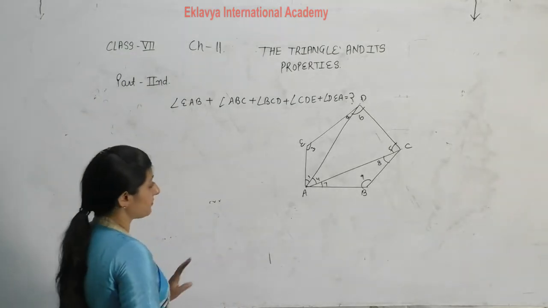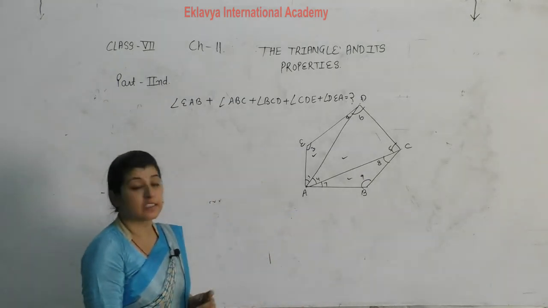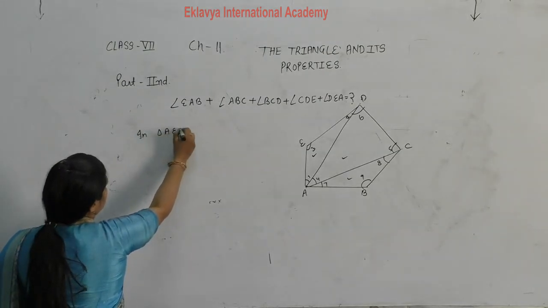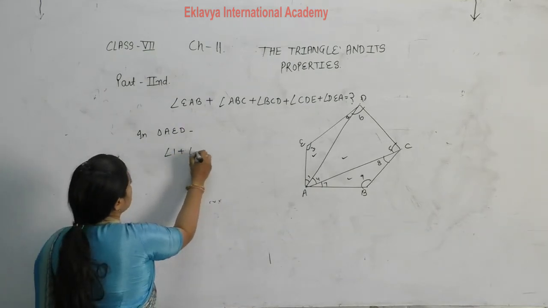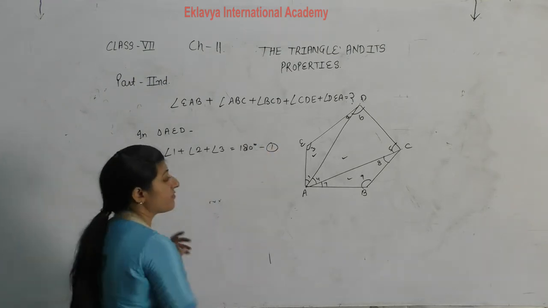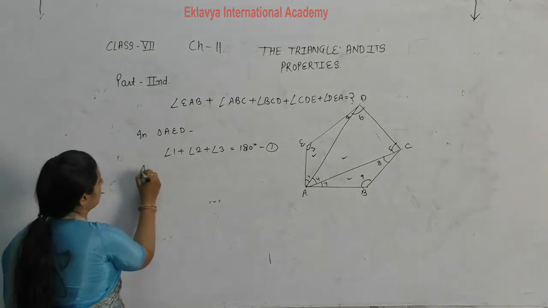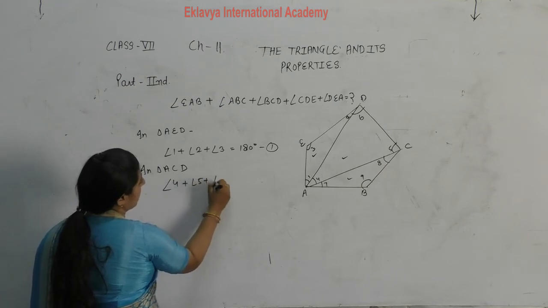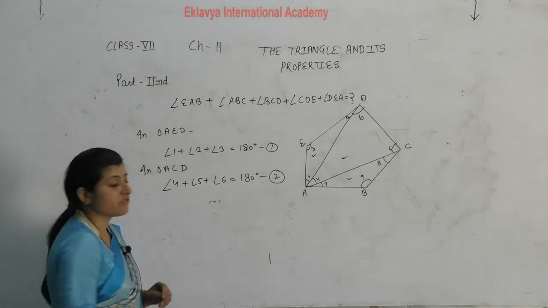In this figure, if you see properly, there are 3 triangles. In triangle AED, angle 1 plus angle 2 plus angle 3 is equal to 180 degrees. Equation first. Now take triangle ACD, second triangle. In triangle ACD, angle 4 plus angle 5 plus angle 6 is equal to 180 degrees. Second equation.